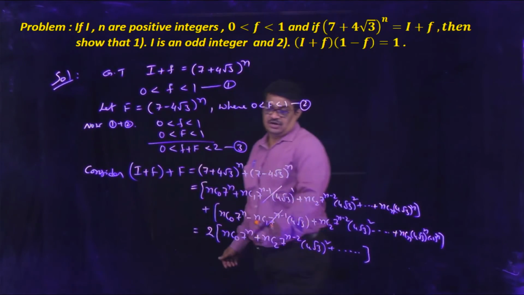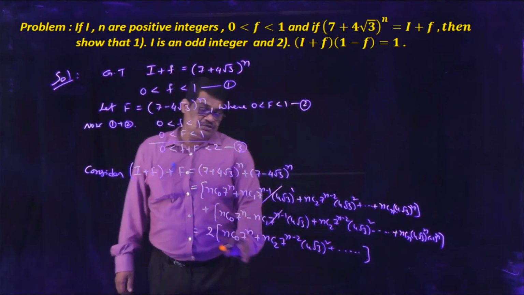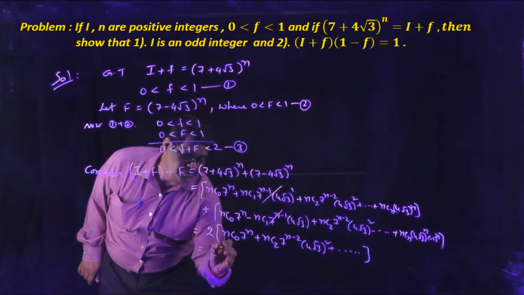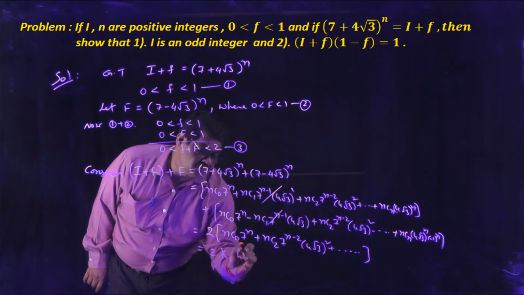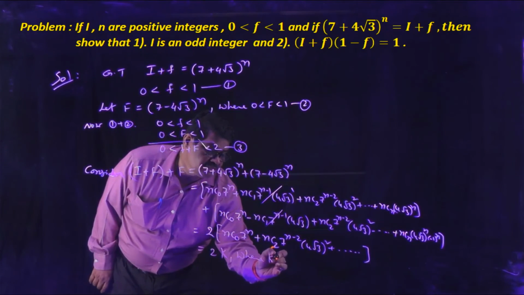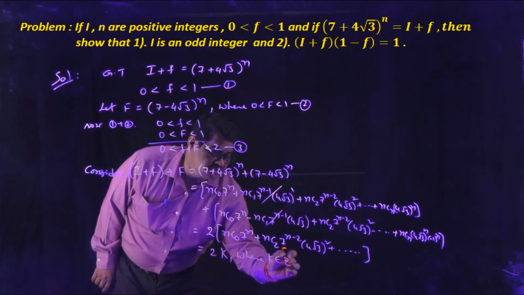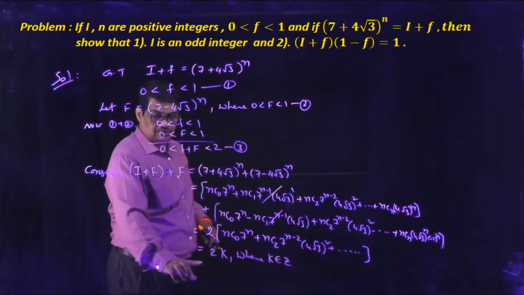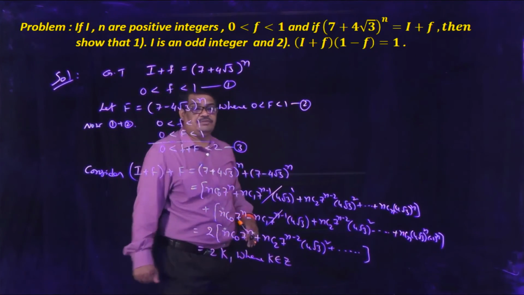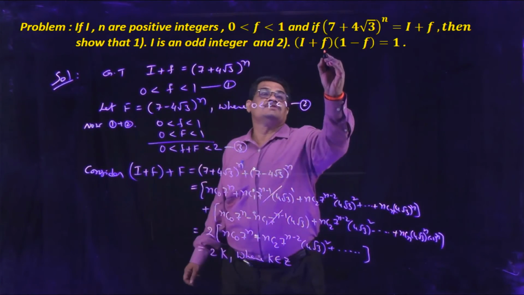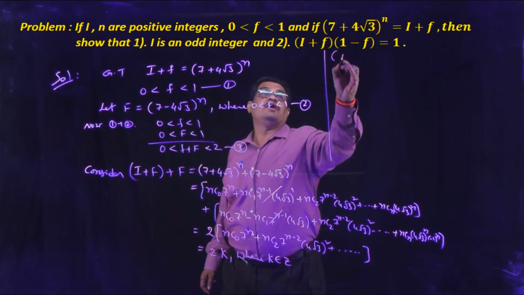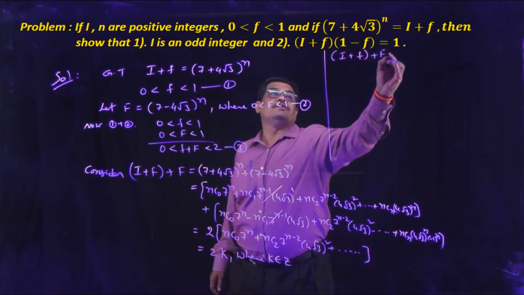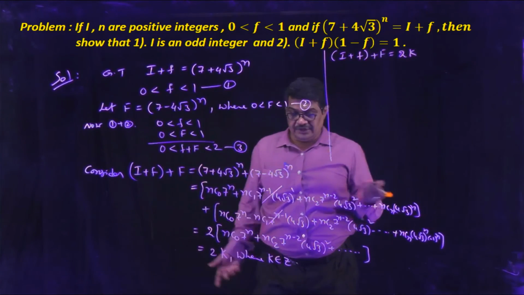So these are all integers, and the sum of products of integers is again some integer k. Now we are getting I plus f plus capital F is equal to 2k, that is an even number. See that I plus small f plus capital F is equal to 2k, an even number.